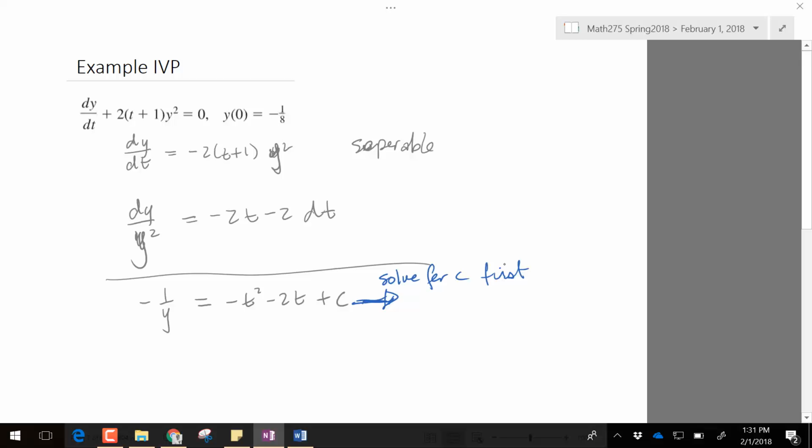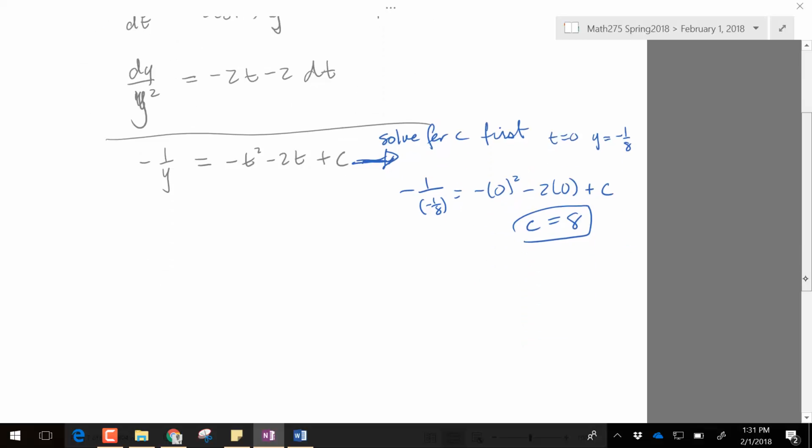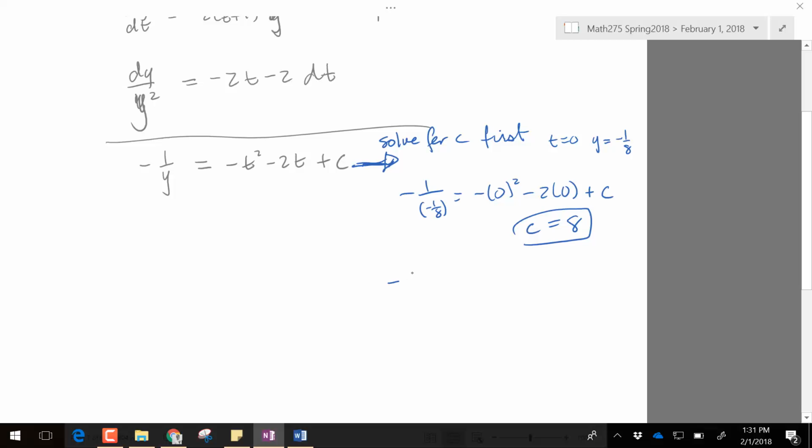So let's solve for c. We have t equal to 0 and y equal to negative 1/8. So on the left-hand side, we get negative 1 over negative 1/8. That's going to be an 8, I think. Equals negative 0 squared, minus 2 times 0, plus c. So once we have our value for c, we can just plug it back into the equation that we found, the general solution.